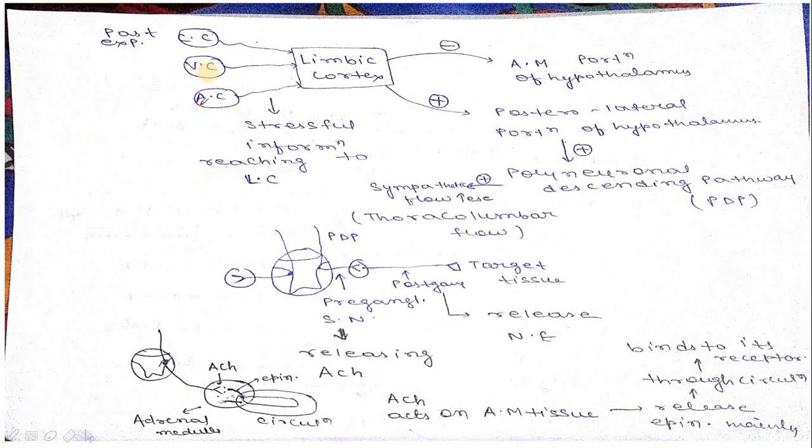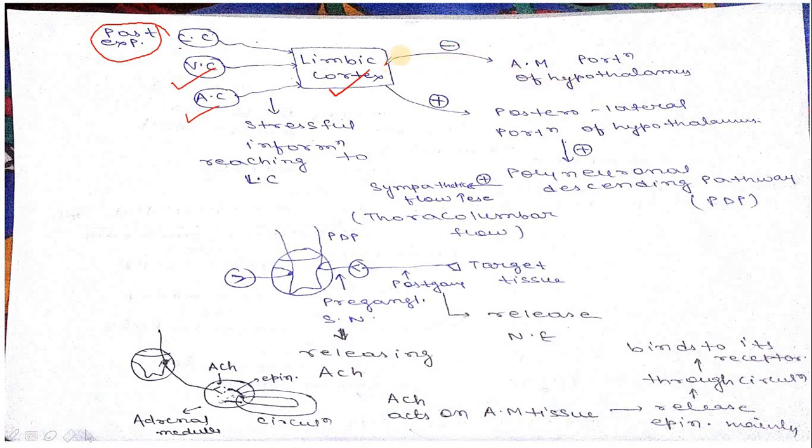First, information comes from the visual cortex by seeing the dog, and from the auditory cortex by hearing the barking, and if that boy has past experience with the dog, from the cerebral cortex. From these regions, the message goes to your limbic cortex, which gives a negative feedback.